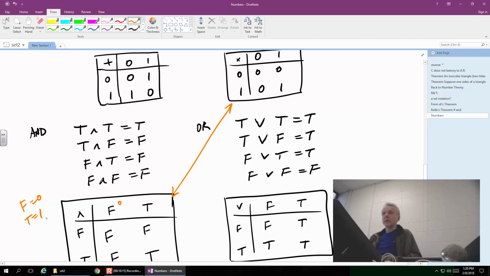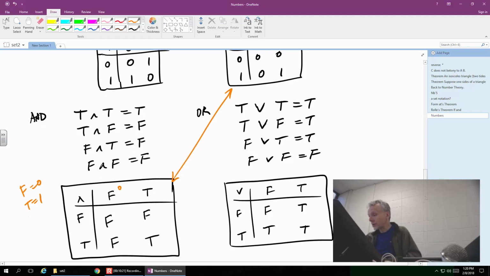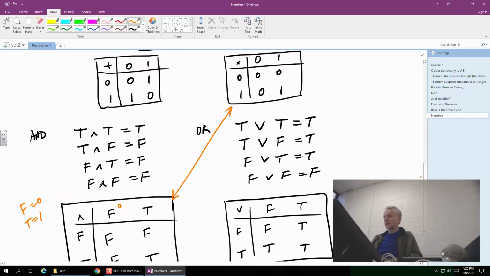Well, I mean, it doesn't correspond to anything actually. I mean, it's not entirely true, is it? Maybe not, this is a straightforward connection that I made. So once again, false replaced with 0 and true replaced with 1.